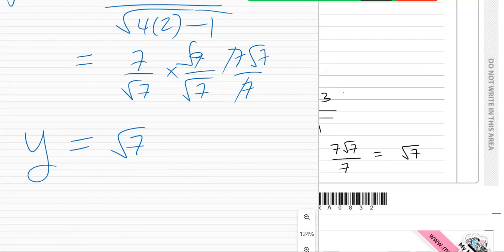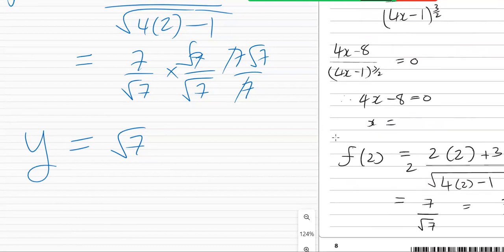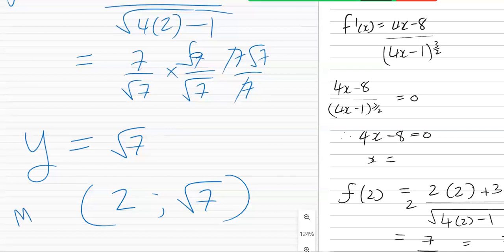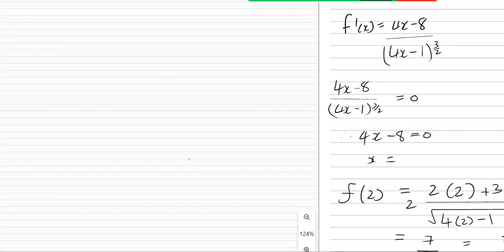So if our y is root 7, when our x was 2, this is the min point. So we know that our y has to be larger than this, or including this. So we say our range is that y is larger than or including root 7.